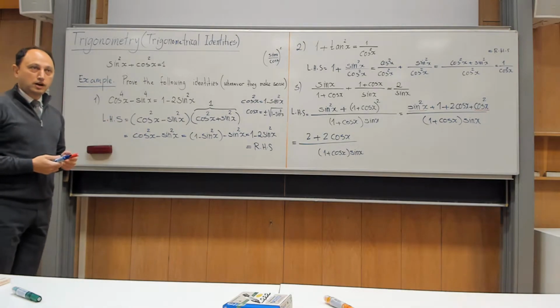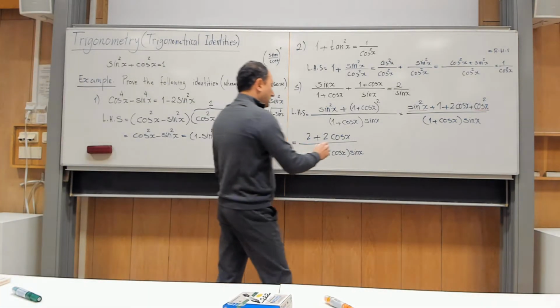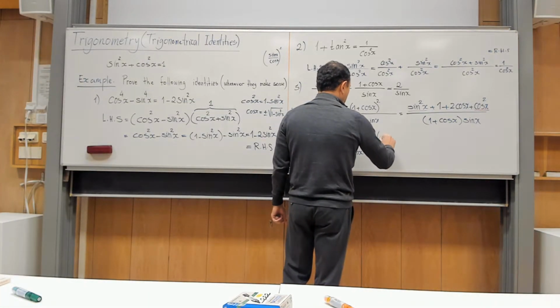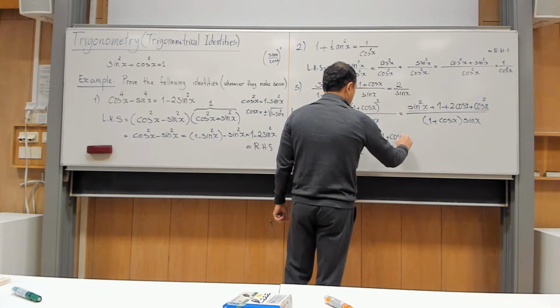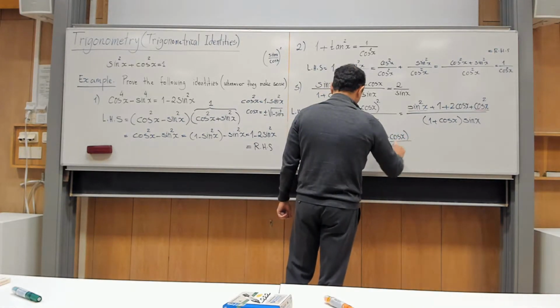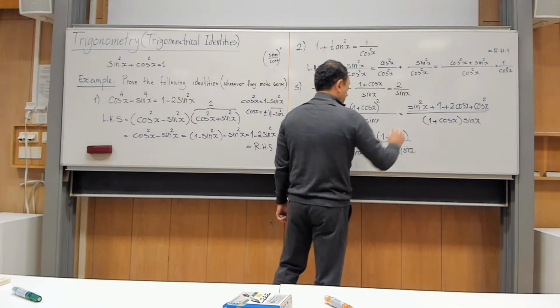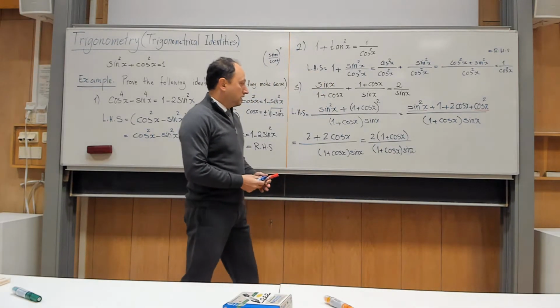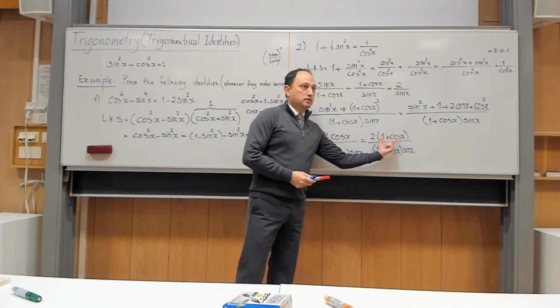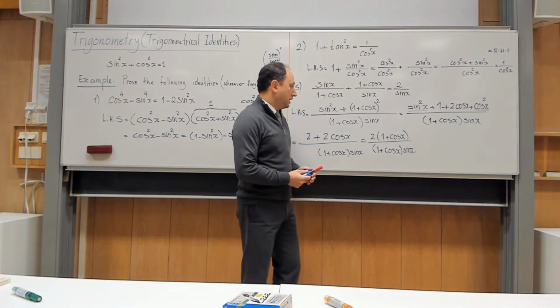I can pull a 2 out in the numerator, so I can just factor 2 out. It becomes 1 plus cosine x, and what I have is 1 plus cosine x sine x. Now, can I simplify this by that? This is also something I want to ask you.